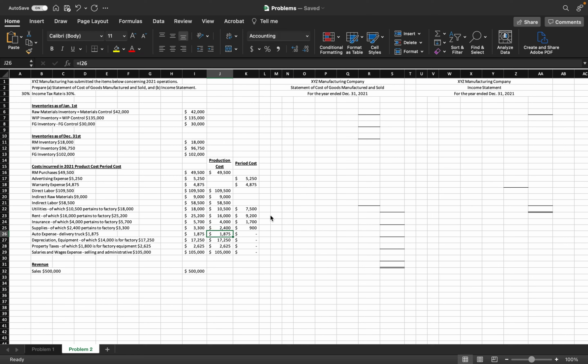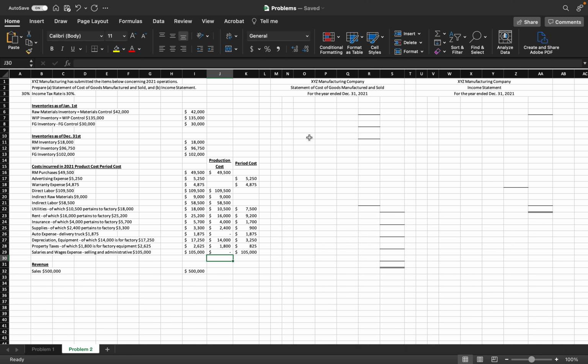Delivery truck expense turns out to be just a straight period cost by itself. Then for the depreciation, we had 14,000. That was for the factory. For the property taxes, 1,800. And then salary and wages, all of that is a period cost. So now we have all our data separated out.